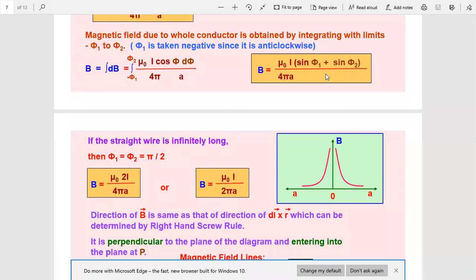Now the case to be implemented here is that if the conductor is infinitely long, then phi 1 and phi 2 become 90 degree. So placing the value of phi 1 and phi 2 as 90 degree, we get magnetic field mu naught into 2I upon 4 pi A. So we get mu naught I upon 2 pi A. This is the final result.